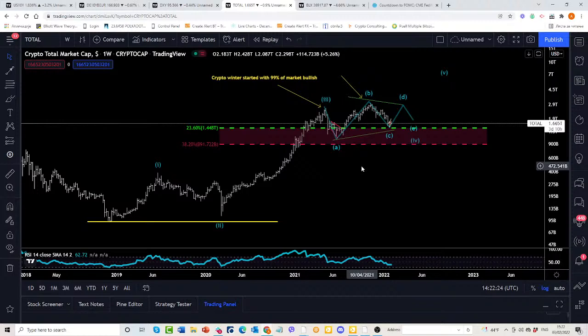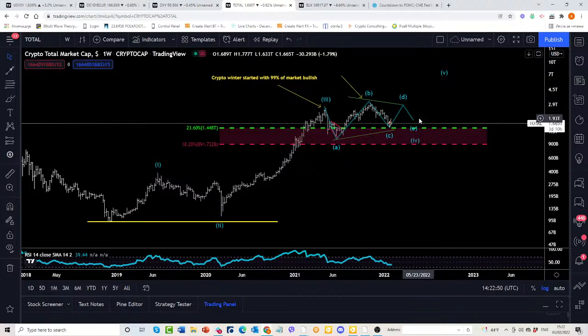One of the peculiarities of triangles is that they usually stay around a 23% retracement in a sideways consolidation. That perfectly depicts this possibility of a triangle lasting a couple of weeks or even two more months before we do this wave D and E, and actually start moving higher.